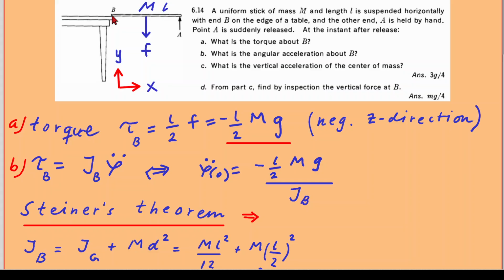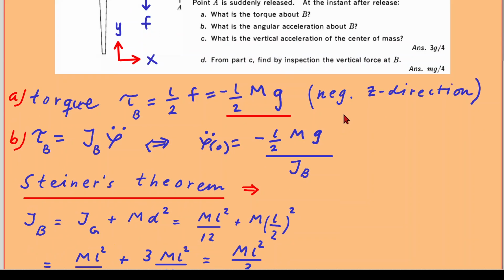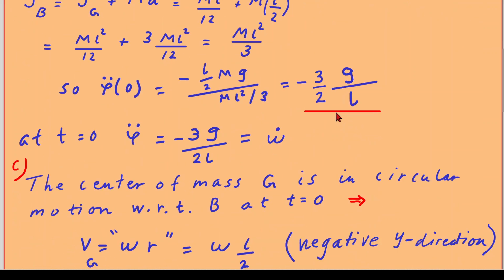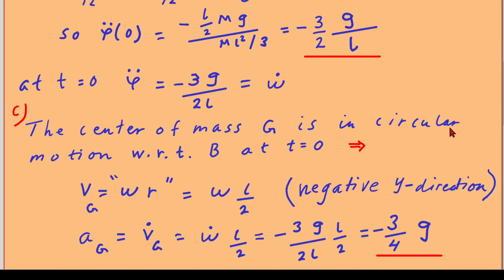At least initially, the whole rod will make a circular motion, right? So this will circle, and also the center of mass will circle, at least for a very short time. So that's what I'm saying here. It will make a circular motion with respect to B.